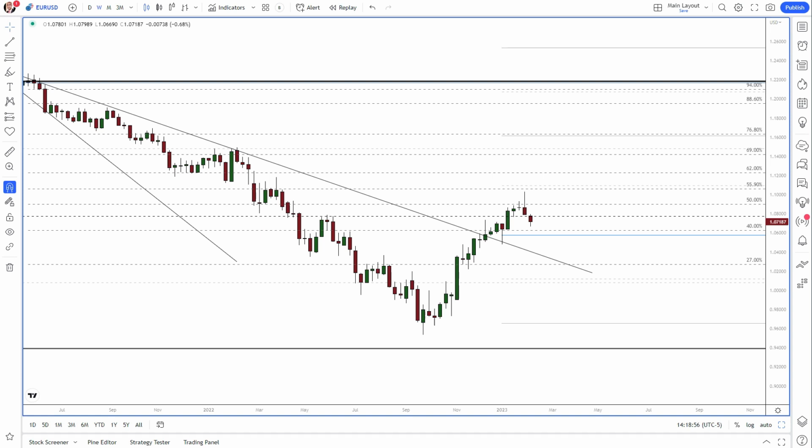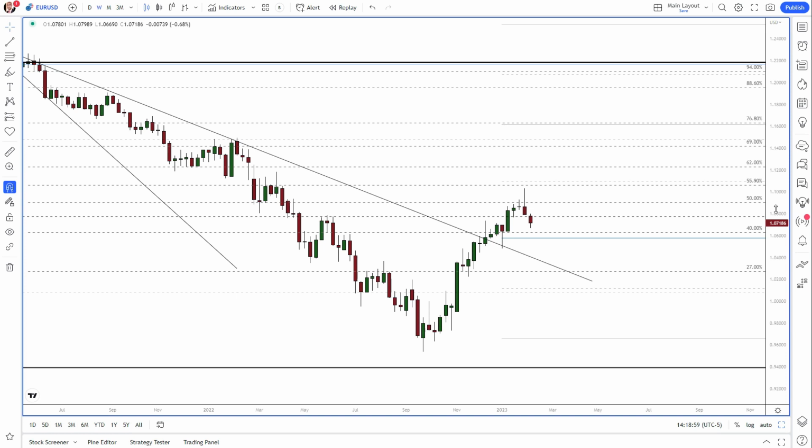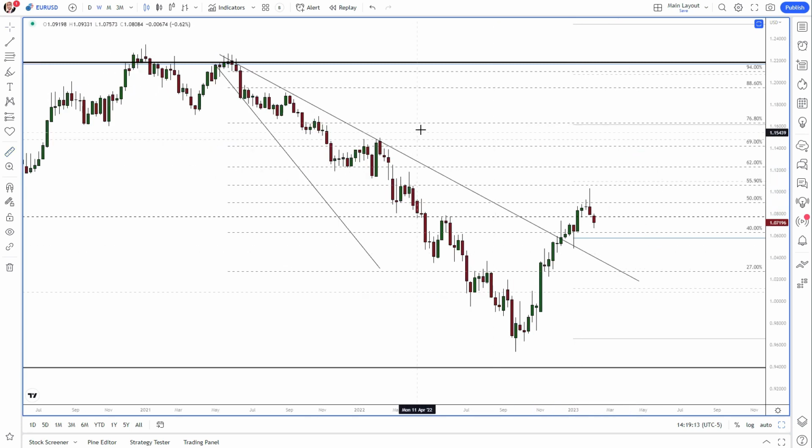But I round them out. I've been using it that way for many years, and it works out well. So 62% is what I would be looking at if we start bouncing from this zone, which would be a fantastic trade of close to about 600 pips or so, right?